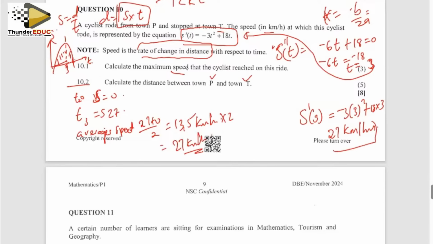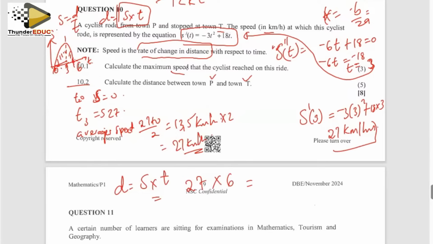Then for me to get the distance, it's going to be speed times time. Now the speed is 27, and the time, remember this is 3, this is 0, so this has to be a 6. So we have 6 hours during which this guy was riding. So 27 times 6. Is it going to make sense though?